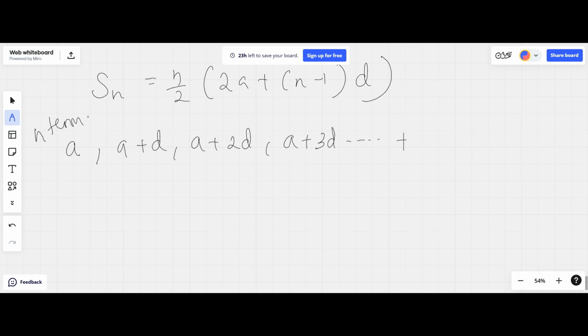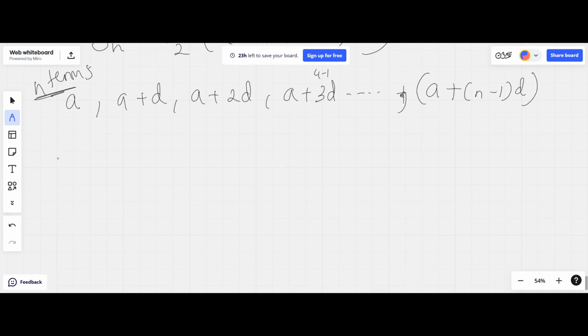The last term would be a plus n minus 1 into d. Why? If there are 4 terms only, a plus 3d, a plus 4 minus 1 into d. Likewise, if there are n terms, a plus n minus 1 into d. So this is how it will be.